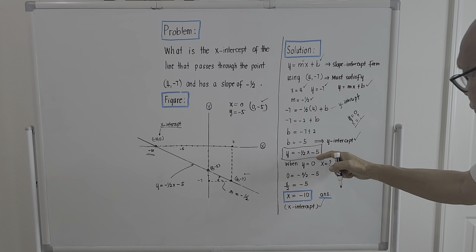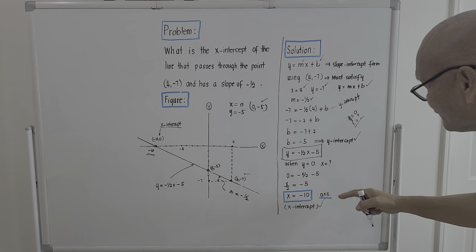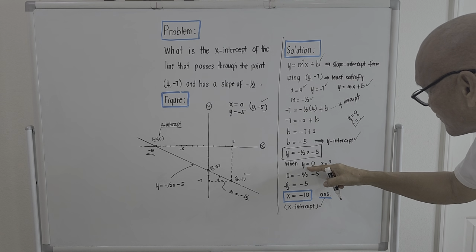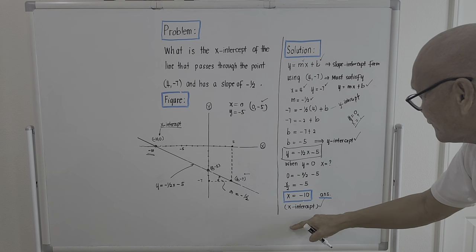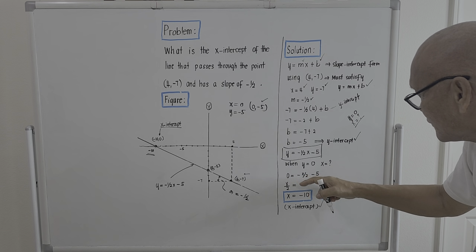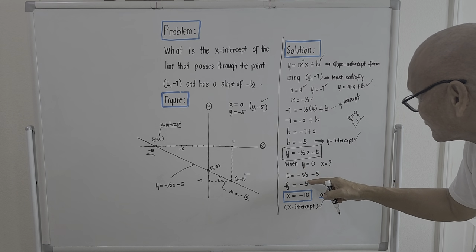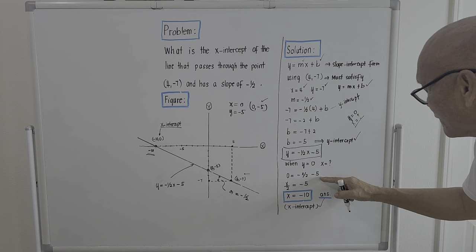By using this equation, to compute for the x-intercept, we set y equal to 0 and compute for x. So 0 equals negative x over 2 minus 5.